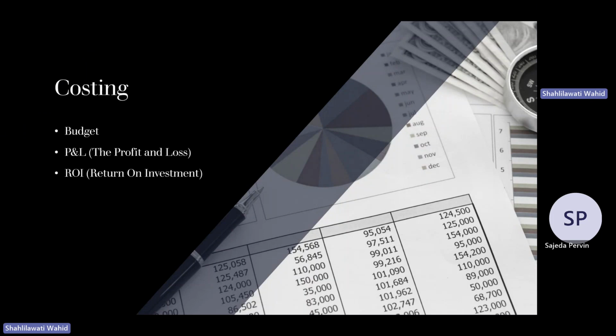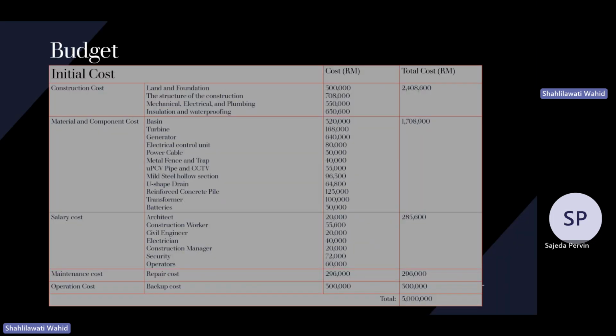Okay. Next, we are going to talk about the cost of the GWBPP. This is a table of budget that illustrates all the costs needed to build a GWBPP. This project is expected to cost about 5 million in total, including the operation costs after the construction. I'm going to talk about the salary cost first.